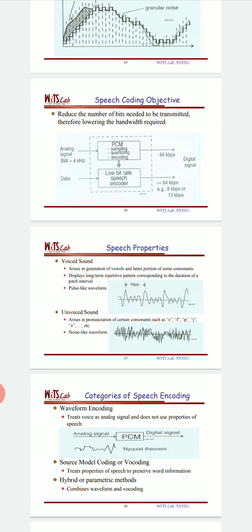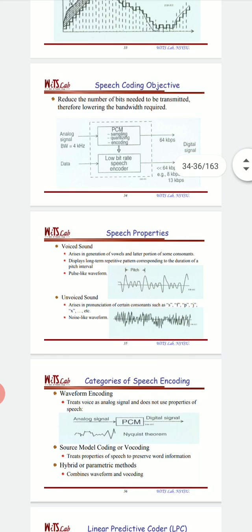When we transmit the signal, if we reduce the number of bits, we lower the bandwidth. We want to use LPC to transfer the audio signal, that is, to transfer speech. Speech is nothing but an audio signal. So we want to reduce the number of bits, and in short, reduce the bandwidth.